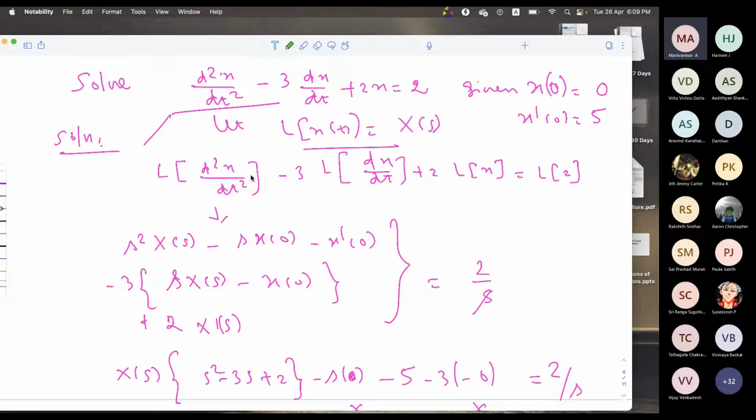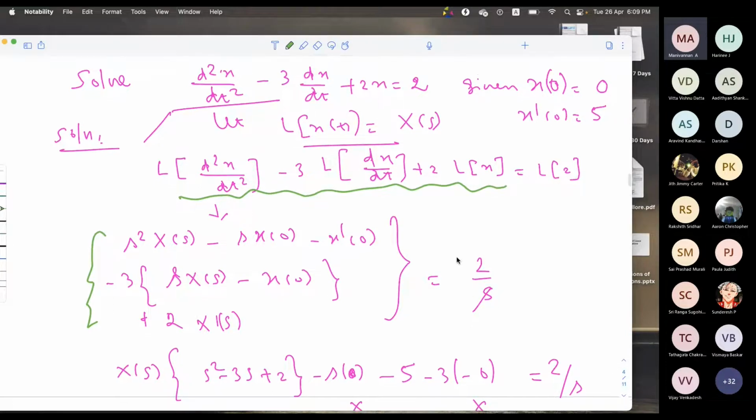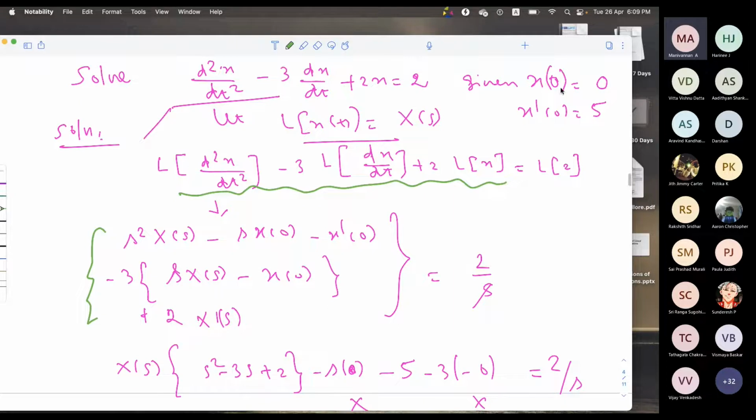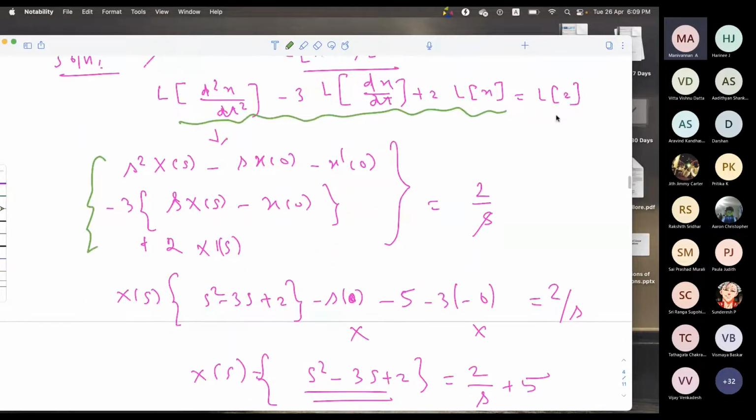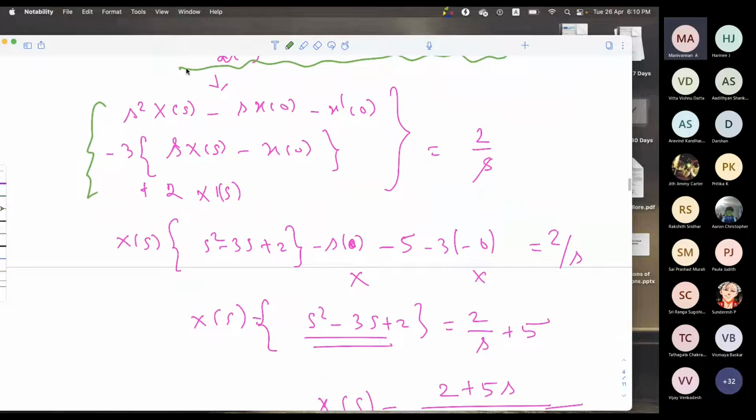So s square X of s minus s into x of 0 minus x derivative of 0, minus 3 times s into X of s minus x of 0, plus 2 times X of s. All these left side terms are listed out. Okay, this will be equal to Laplace of a constant, which is constant by s, 2 divided by s. Apply the limits x at 0 and x derivative at 0, whereas 0 and 5, so here 0 and 5, we are substituting.